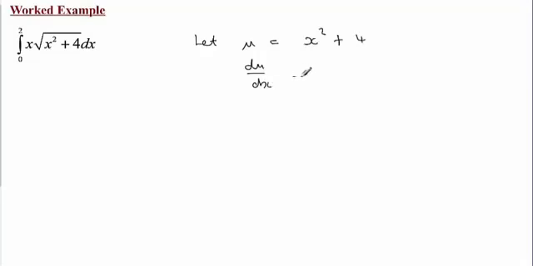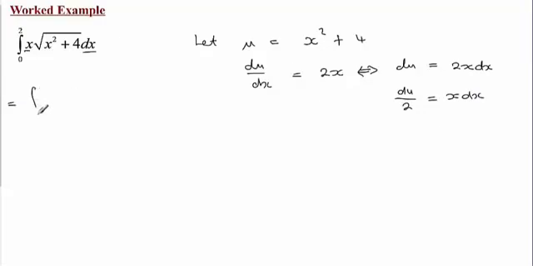Then du dx is equal to 2x, which is equivalent to saying du is equal to 2x dx. We note again that in this expression we don't have 2x dx, but we've got x dx, so we divide both sides by 2. We get du over 2 is equal to x dx.